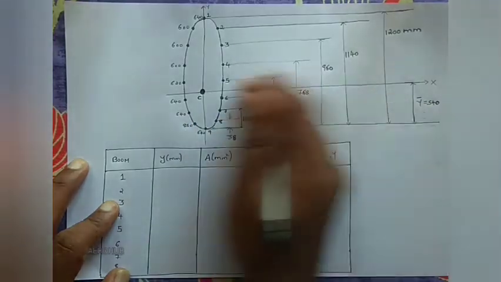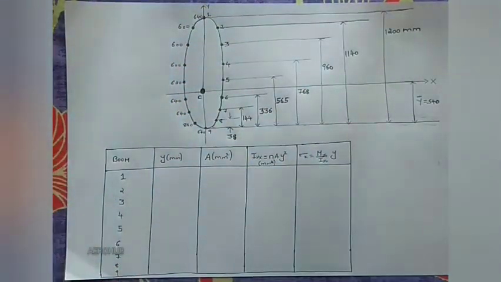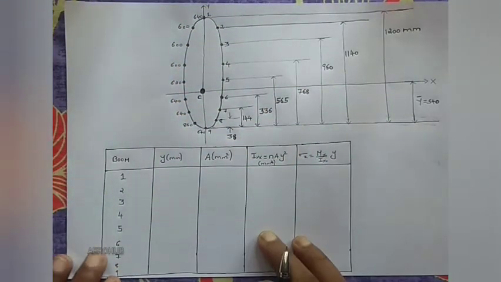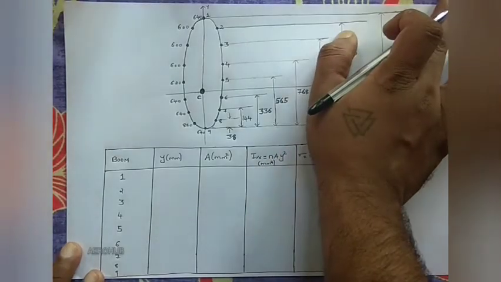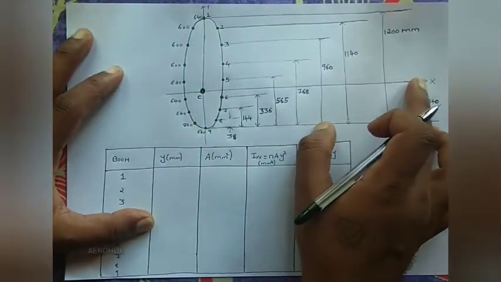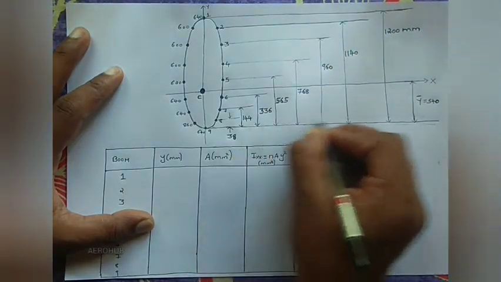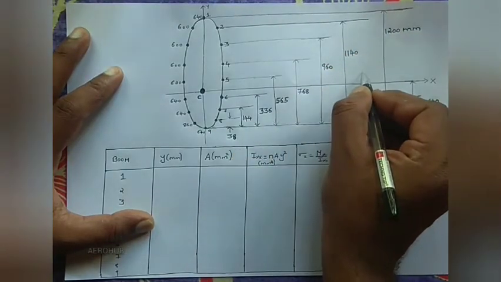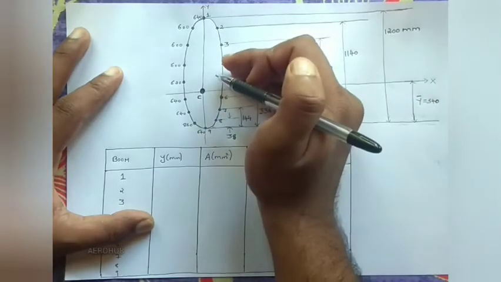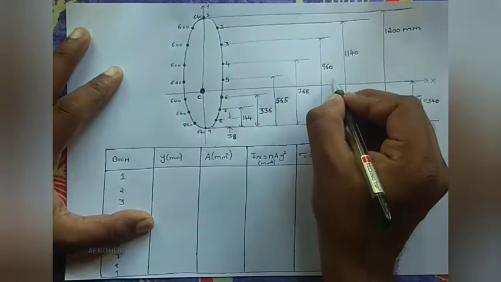This is x and y axis, that is nothing but the centroidal axis of the fuselage section, and you can see above the centroidal axis the distance of each boom area will be positive and below it will be negative.